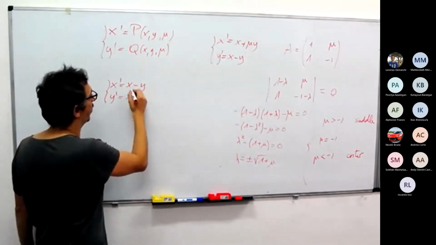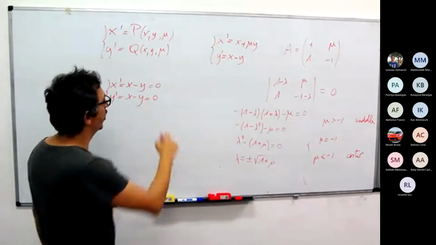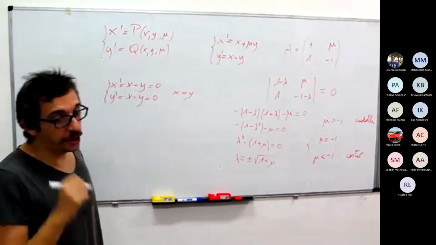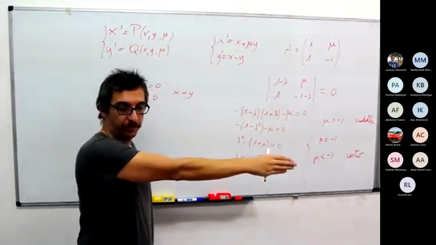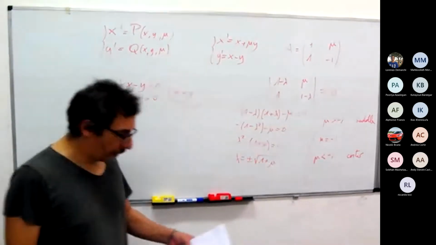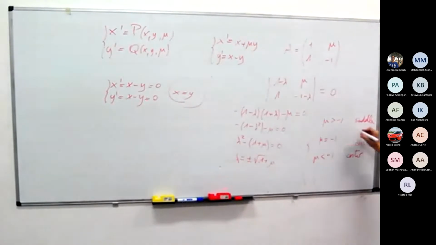The critical points are given by these expressions equal to 0, but the solution of this is x equal to y. It's not just one point, it's a line. So for mu equal to minus 1, I would have a line of equilibrium points, a line of critical points.